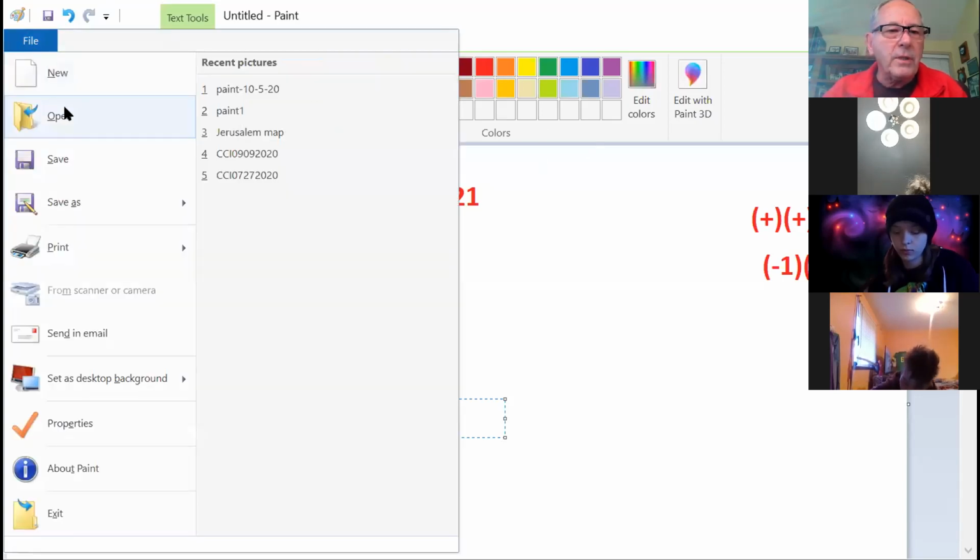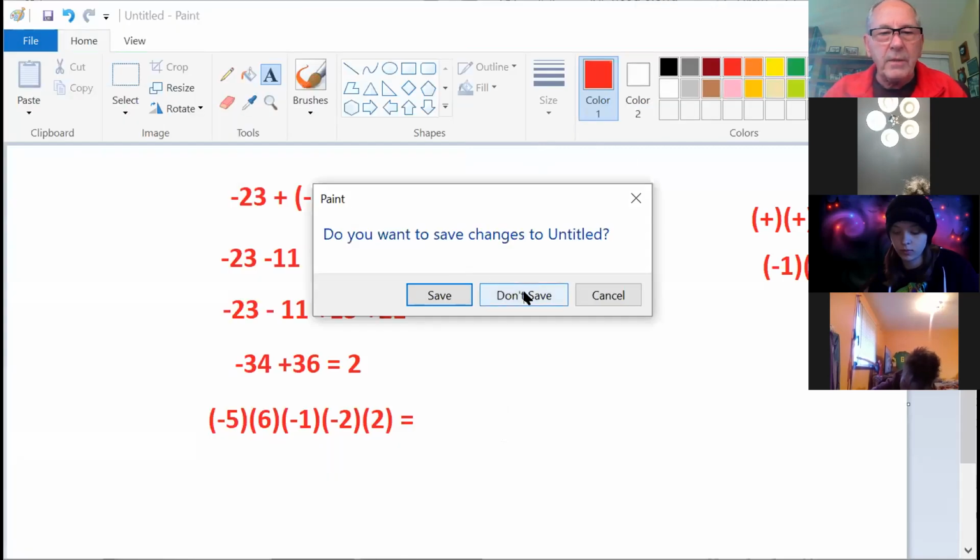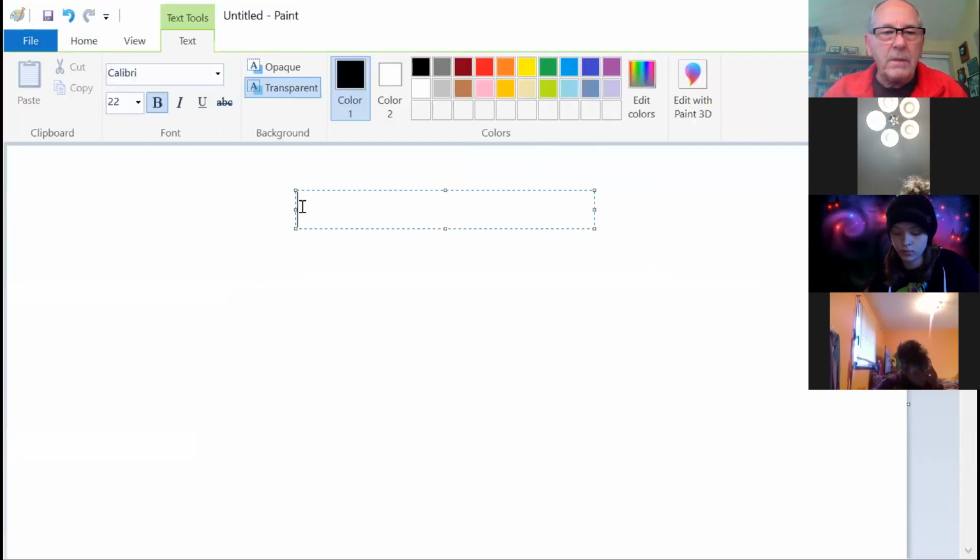I can't show an exponent on this thing. But when I say 2 and put a little caret, that's called a caret, and I say to the 5th power, this is like 2 to the 5th power. That 5 is an exponent.